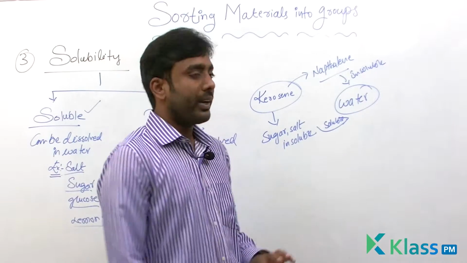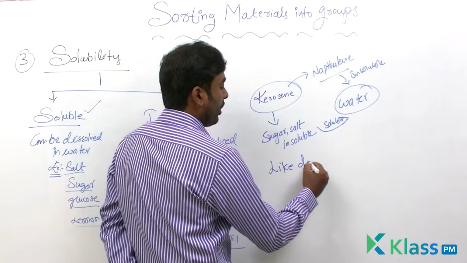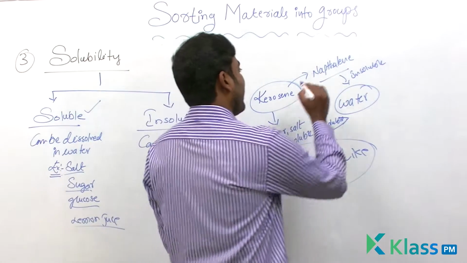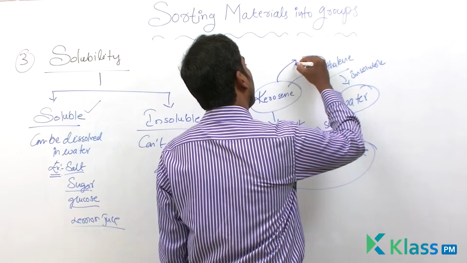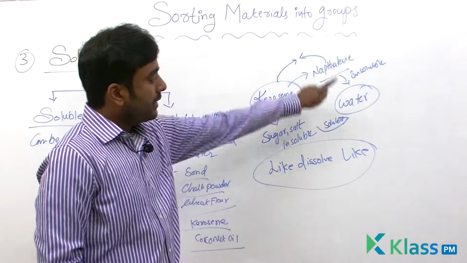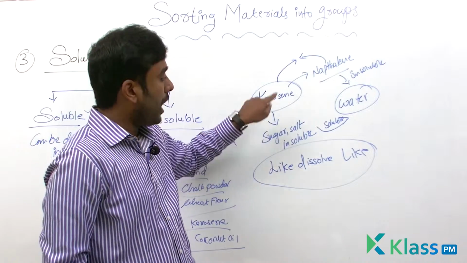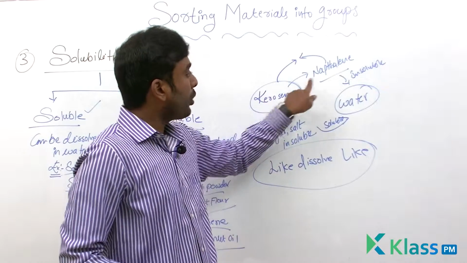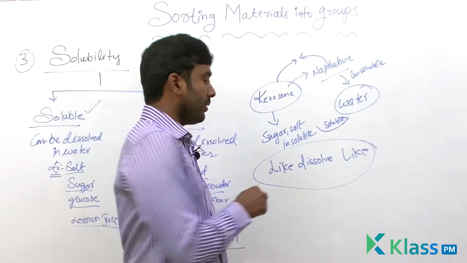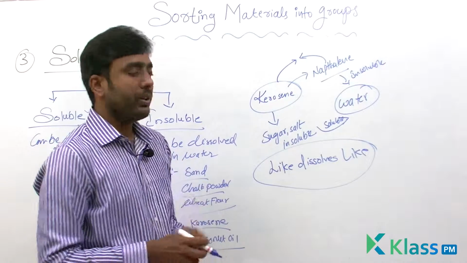Out of this, there is one proverb, that is, like dissolves like. It means naphthalene and kerosene are both the same kind of materials, because naphthalene is a non-polar solute and kerosene is also a non-polar substance.